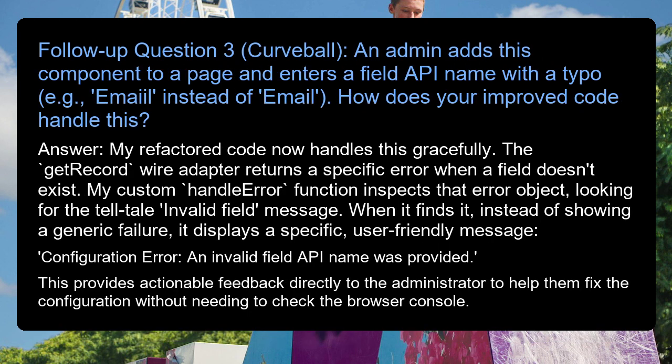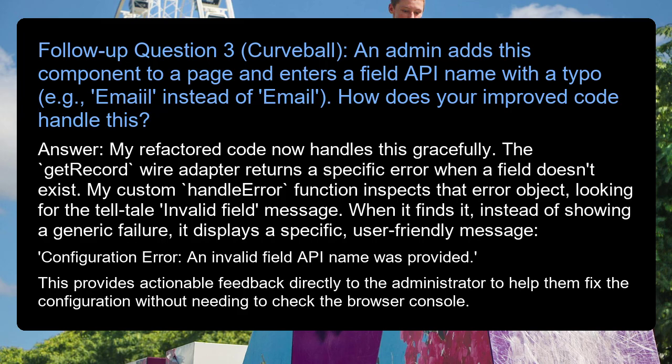LDS gives you that security for free. Follow-up question 3, curveball: an admin adds this component to a page and enters a field API name with a typo, for example, emal instead of email. How does your improved code handle this? Answer: My refactored code now handles this gracefully. The getRecord wire adapter returns a specific error when a field does not exist.